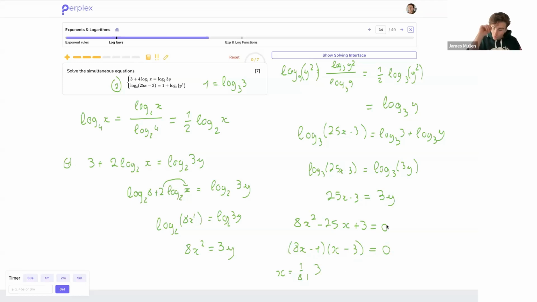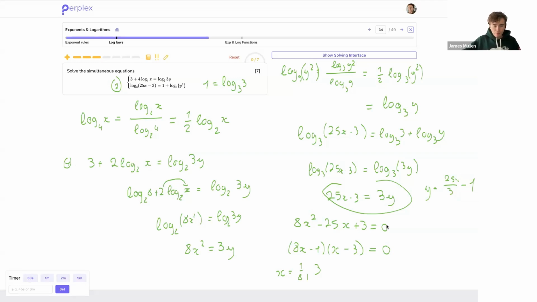And now to find y from these, I can go back to this equation and say that 25 times x minus 3 is going to give me 3y. So y on its own is going to be 25x over 3 minus 1. So let's do the case of x is equal to 1 over 8.